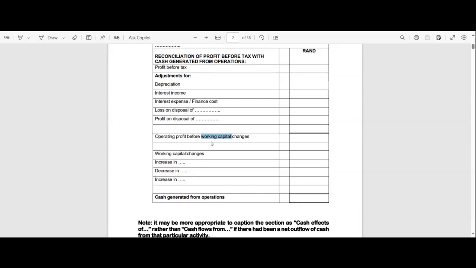So therefore, ladies and gentlemen, we are going to eliminate those changes that took place from the beginning of the year until the end of the year in those current assets and current liabilities that deal with operations. And what are they? There are only three. You could have more than three line items, but they all are encompassed in three.